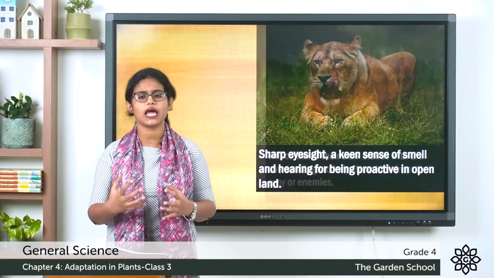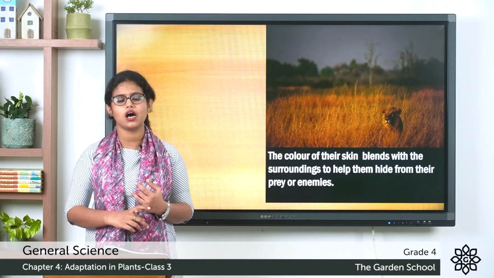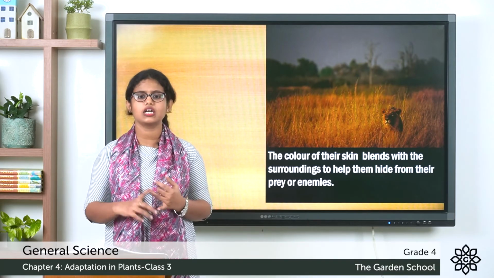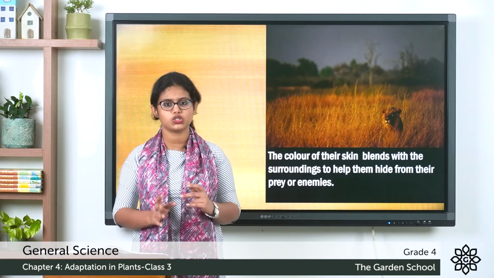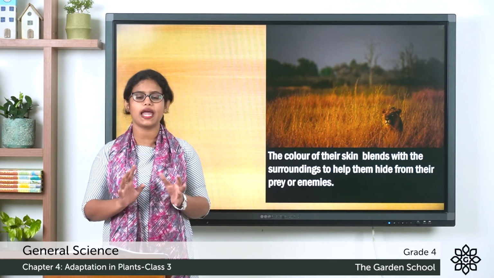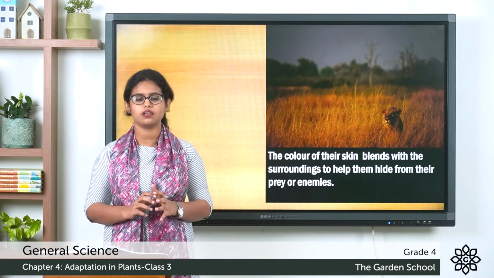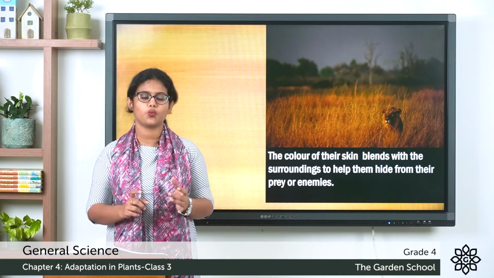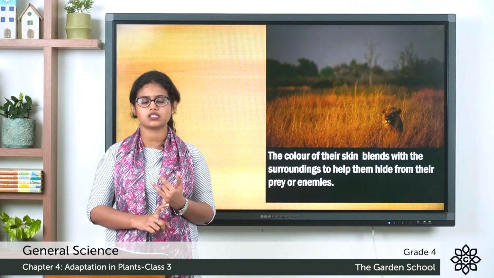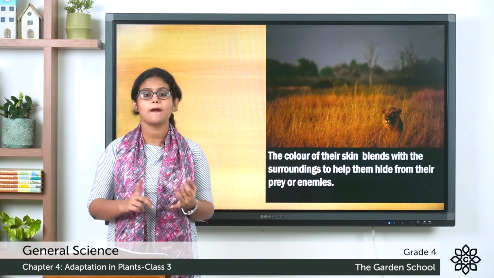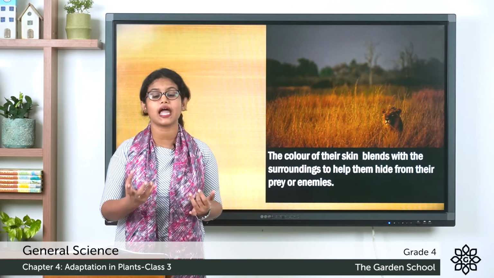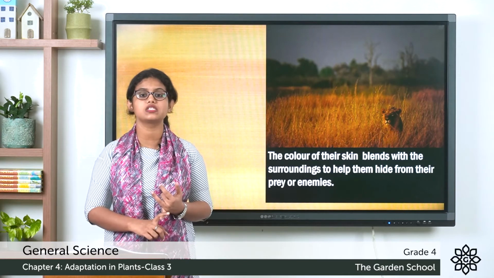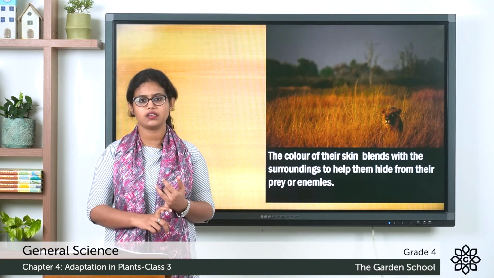Another adaptive feature of these animals is that the color of the dry grass and the color of their skin merge. So what happened? Both the environment and the animal have the same color. When the color of the dry grass merges with the color of the skin of the animal, for animals like the deer, this helps them to escape from enemies.